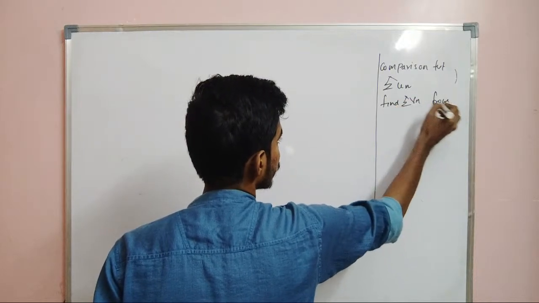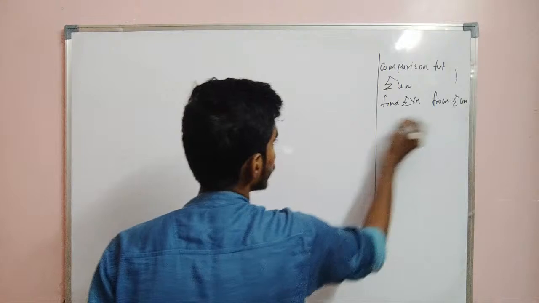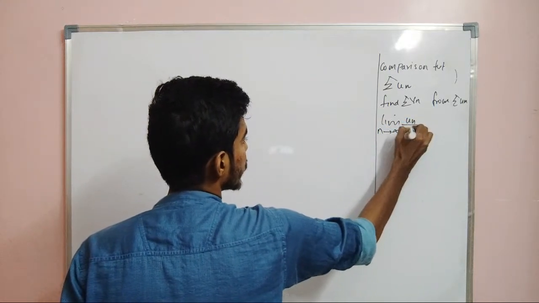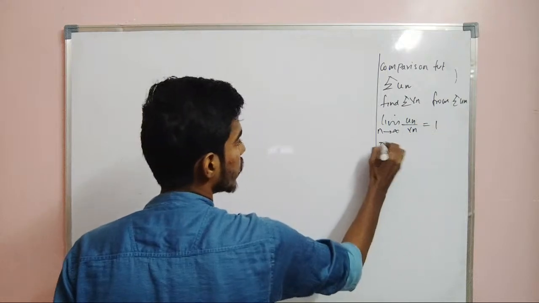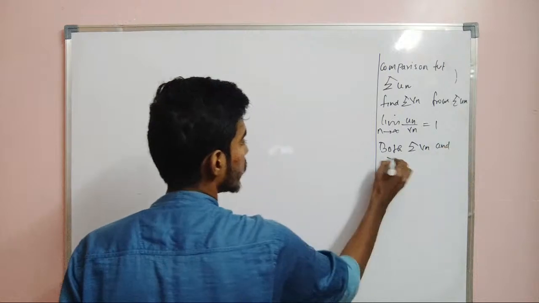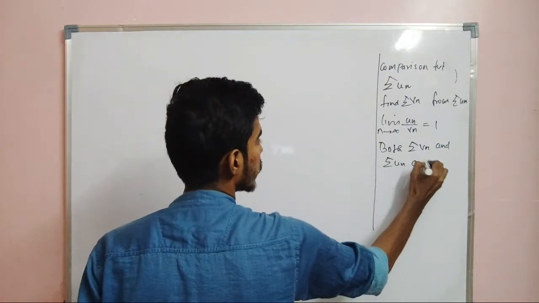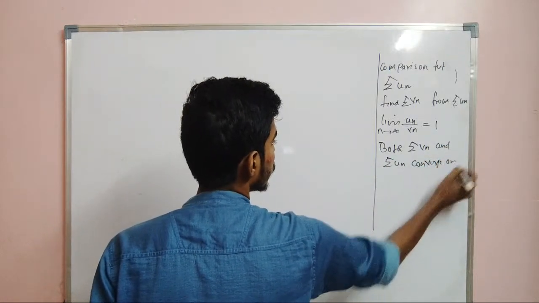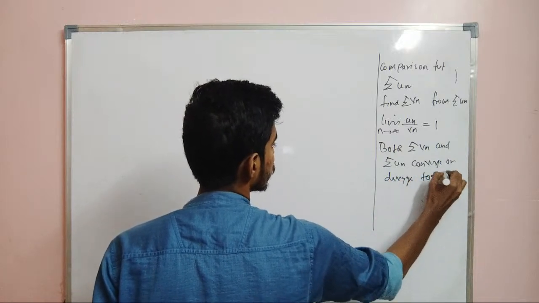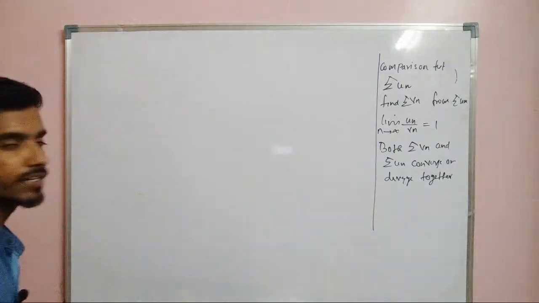Okay, so find summation Vn from summation Un, and you find limit n tends to infinity Un by Vn. If it is equal to 1, both summation Vn and summation Un converge or diverge together.